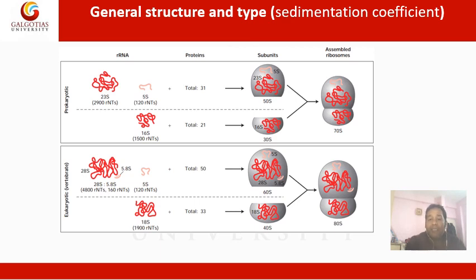The larger component is made up of three different ribosomal RNAs, that is 28S, 5.8S and 5S, and these combine together with around 50 proteins to form the large subunit, whereas the small subunit, called 40S, is mainly formed with 18S ribosomal RNA combined with around 33 proteins.